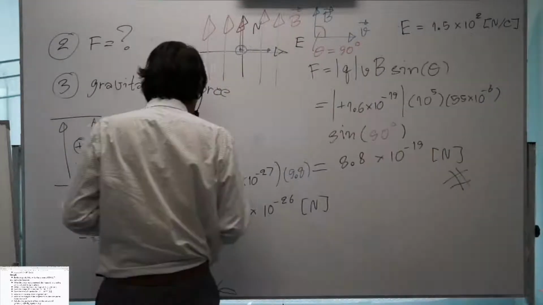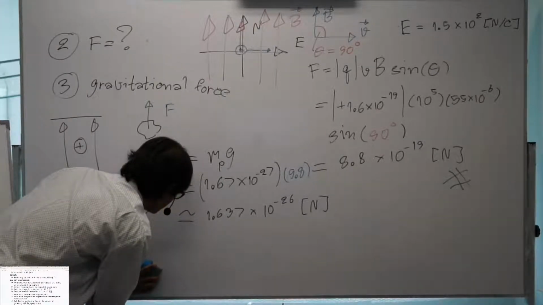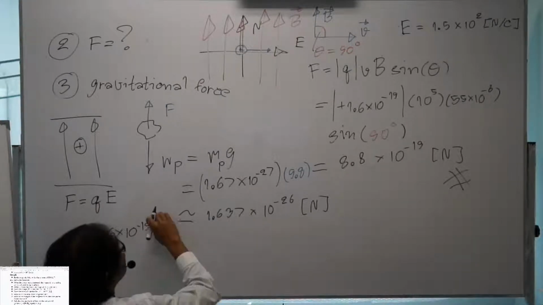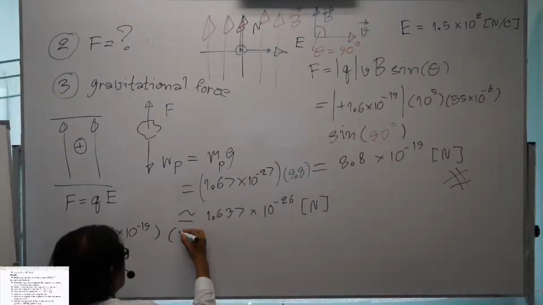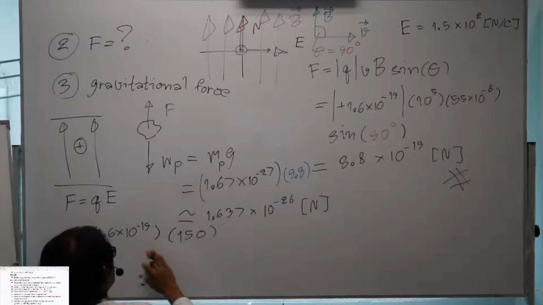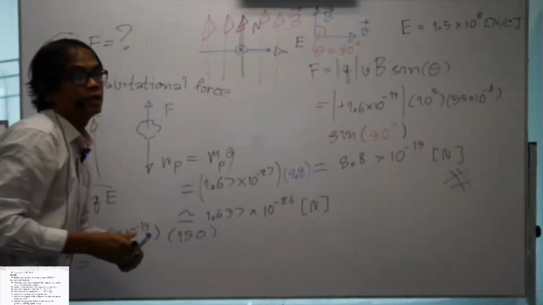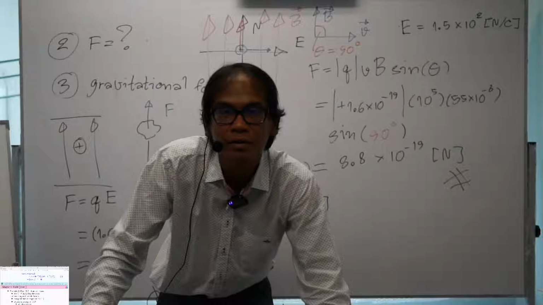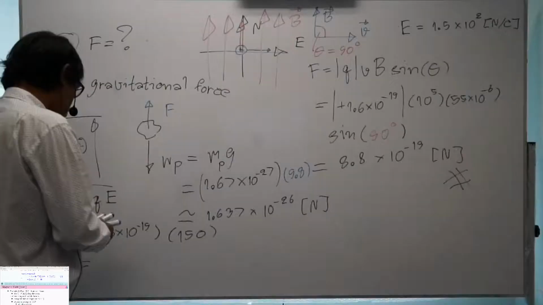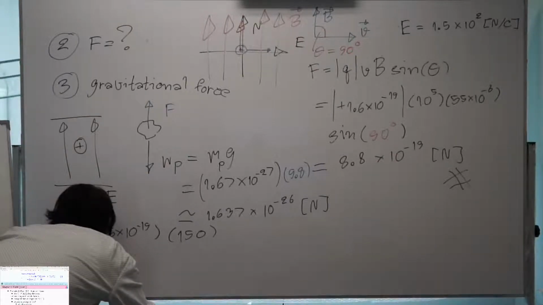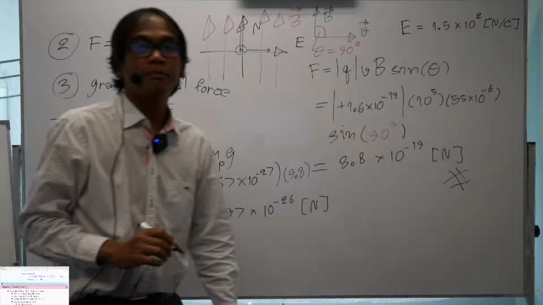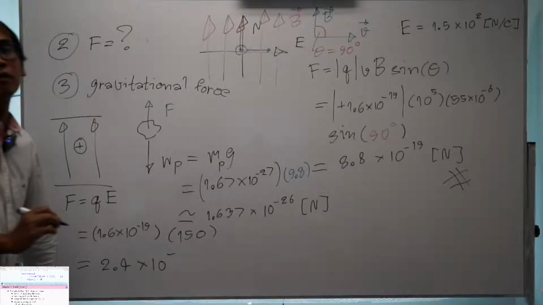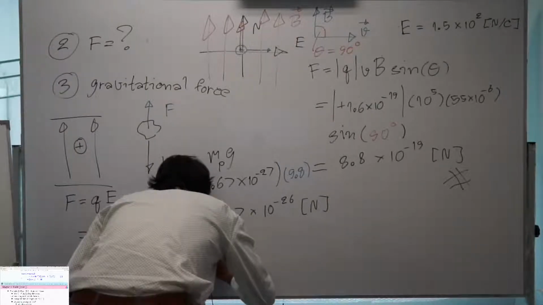And we will write down the amount of this charge, in Coulomb, right? The amount of electric field over there is 150 Newton per Coulomb, and here is Coulomb, so the outcome will be in Newton. After the calculation, which is really simple, it's equal to 2.4 times 10 raised to the power of negative 17 Newton.